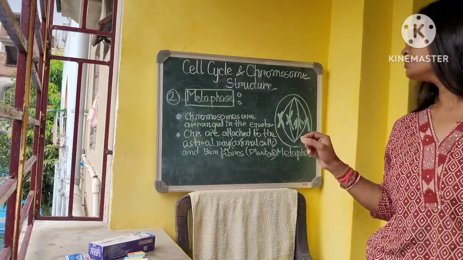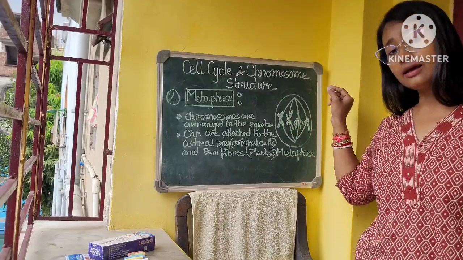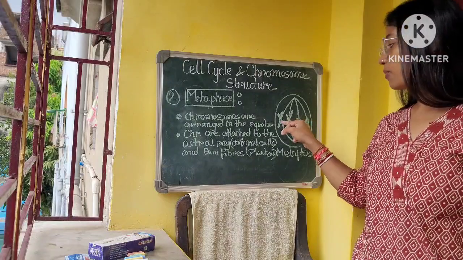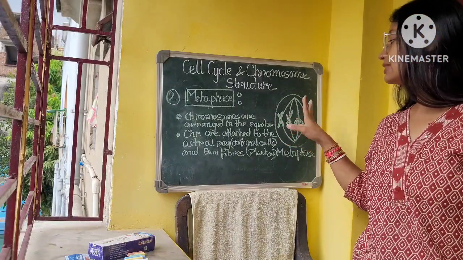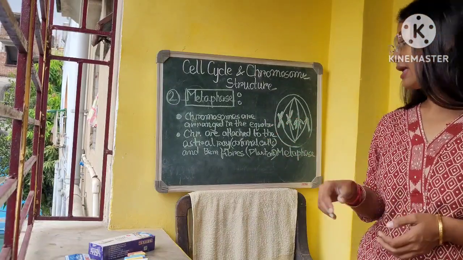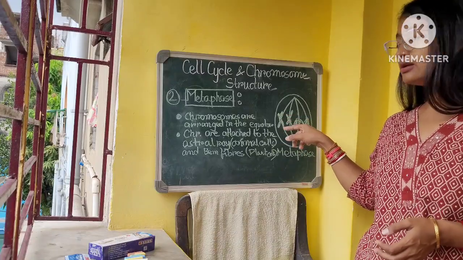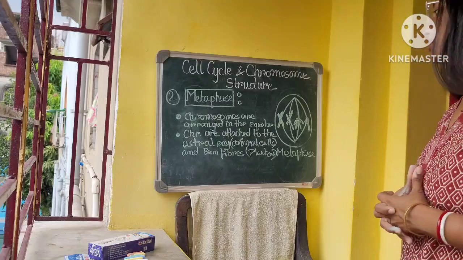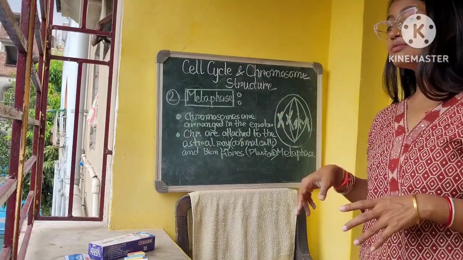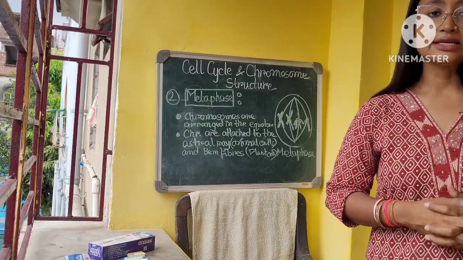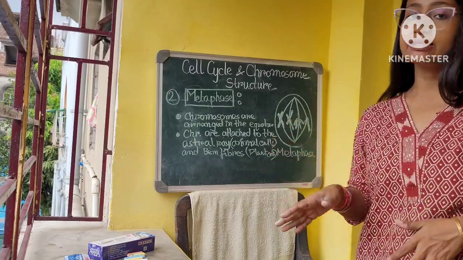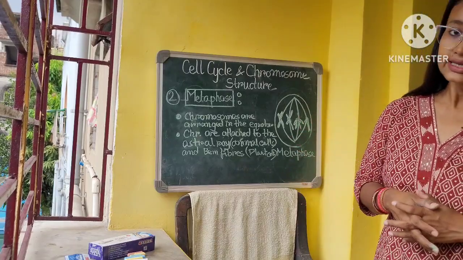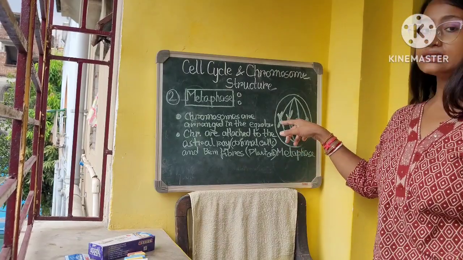Remember, in that phase, DNA makes its copies. These copies now get detached in the metaphase, and they form this kind of structure where they only get attached at the centromere region, but the two arms of the chromosomes get detached from each other. In this stage we should say them not as chromosomes but as chromatids, and these chromatids are attached.